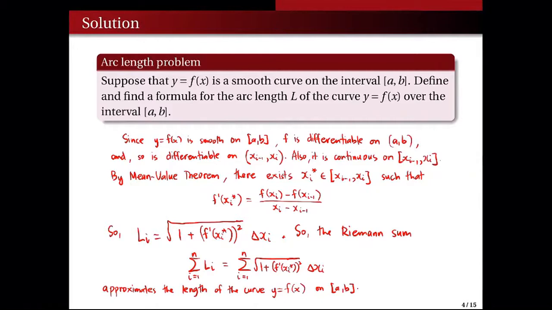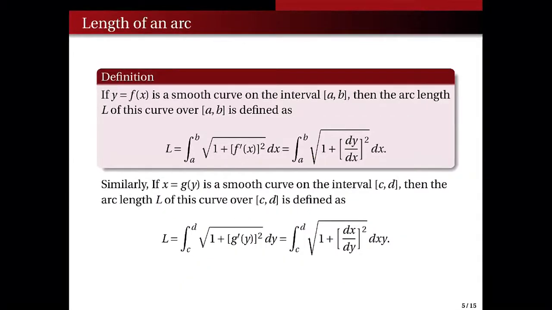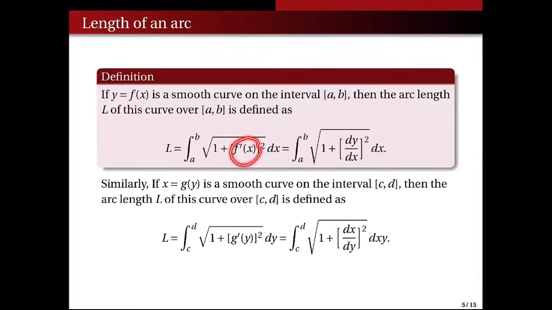So that's how we define the length of the arc. It's the definite integral from a to b of the square root of 1 plus f prime of x squared dx. Or you can think of this f prime of x as dy over dx, since you have written it as y equals f of x.